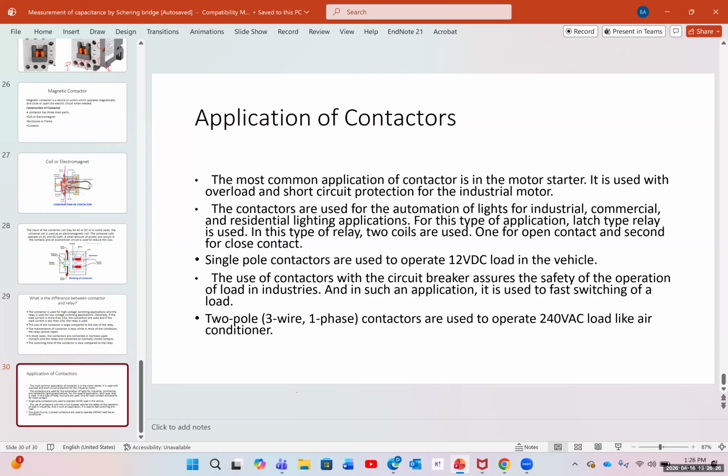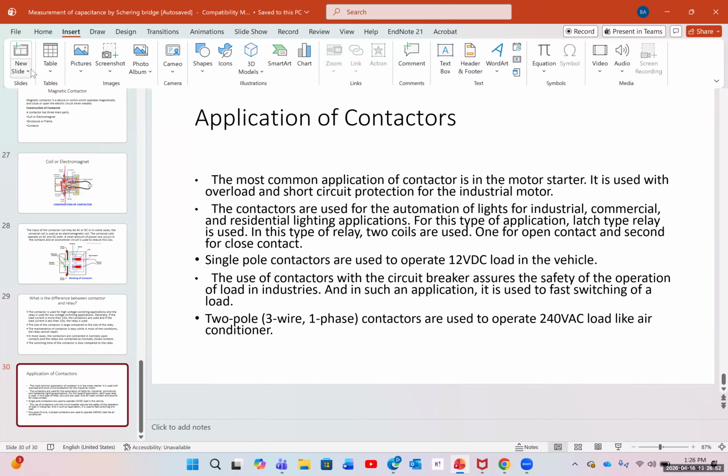As mentioned, it's a protective layer, and in such an application, it is used for fast switching of the load. Two-pole or three-wire single-phase contactors are also used to operate 240 volt AC loads like air conditioners. This is the explanation of what a contactor is.